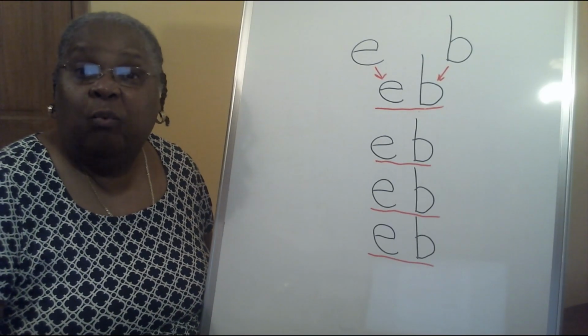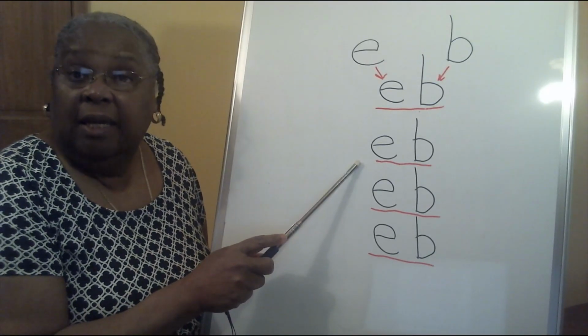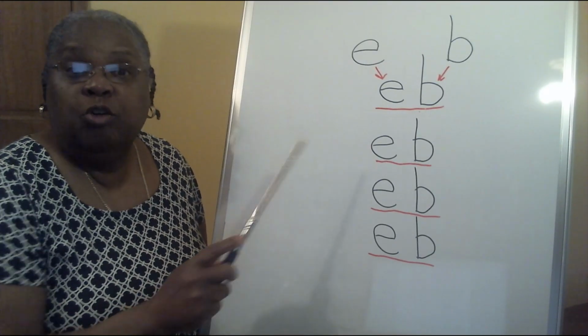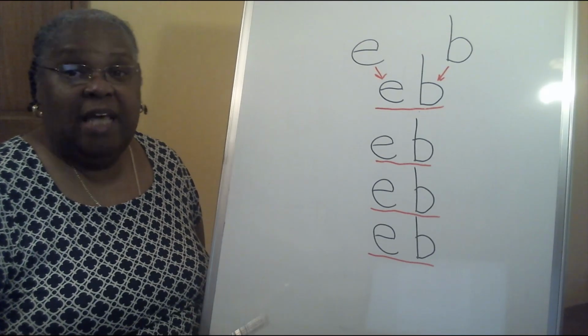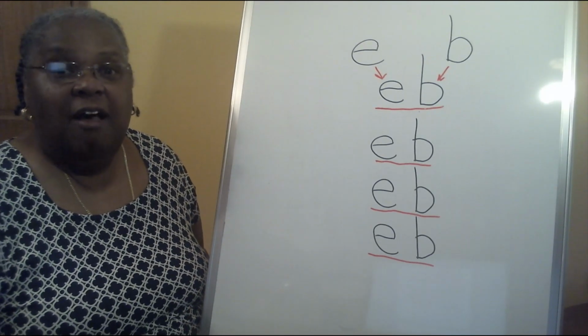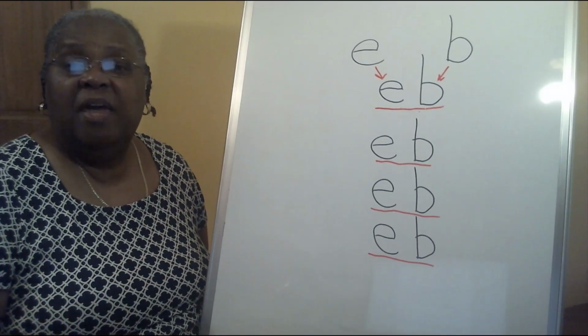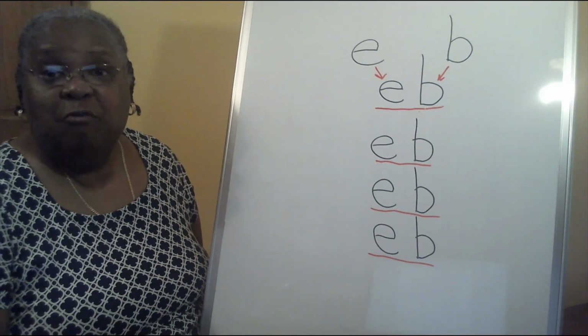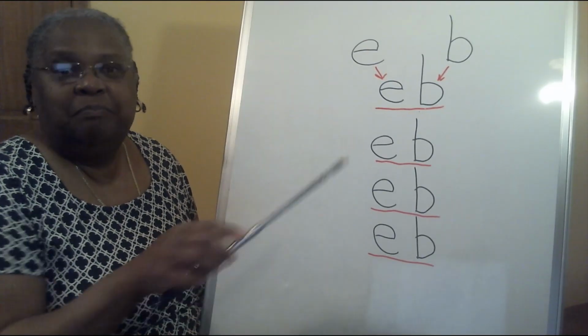The letters that we blend with the ending blend EB to form words will keep their own sounds when we sound out the letters together that form the words. Now, let us make a few words that rhyme with the blend EB.